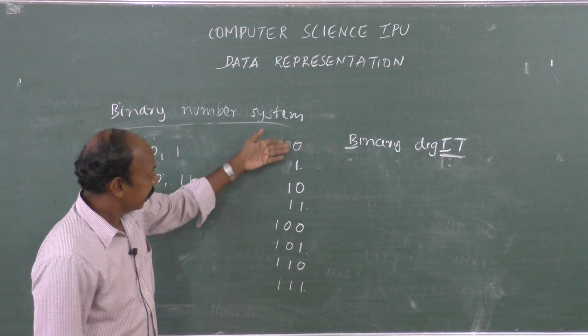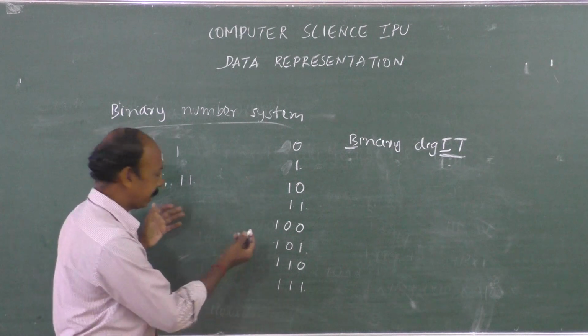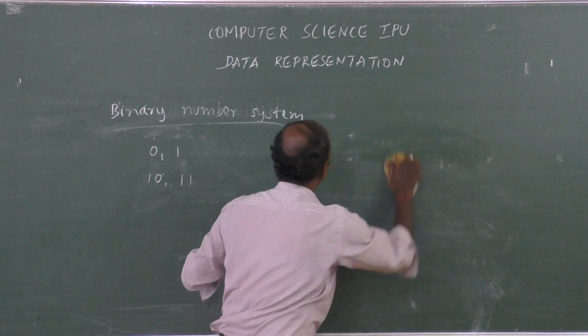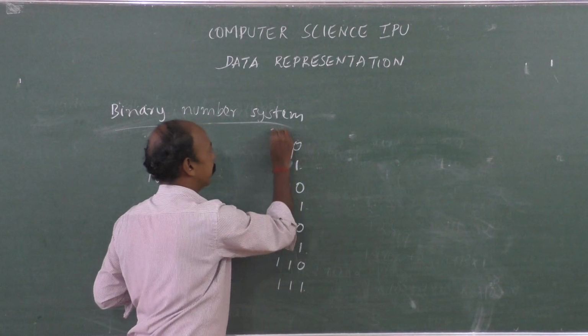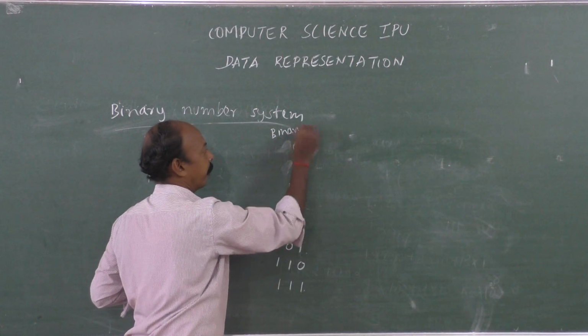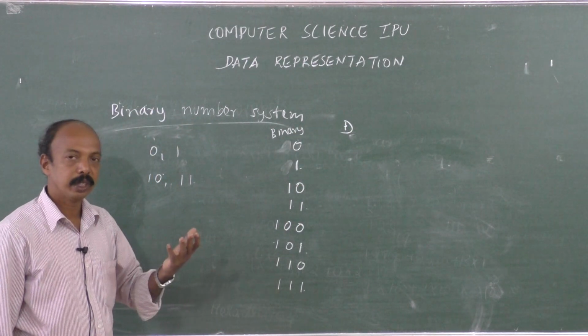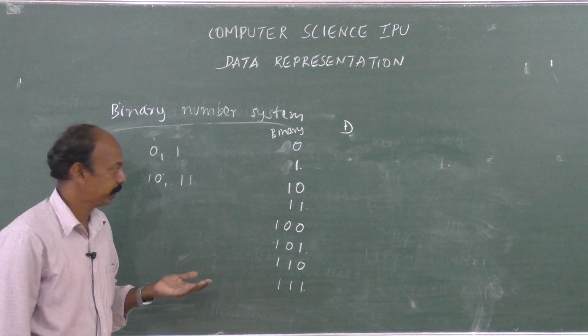See, don't get confused. So whenever we write the numbers in decimal, let me write it over here. This is binary numbers. Let us write the decimal here just to compare. Later it becomes easy to understand the octal and hexadecimal number system.